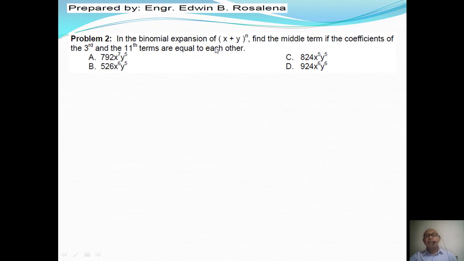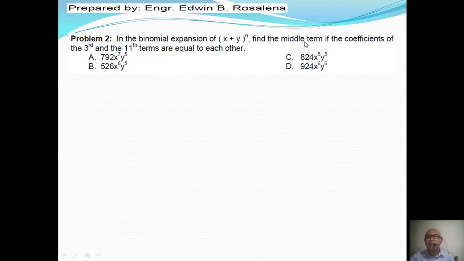In the binomial expansion of (x plus y) to the power n, find the middle term if the coefficients of the third and the 11th terms are equal to each other. Okay. So, anong nakita niyo dyan? Find the middle term. So, what is r?